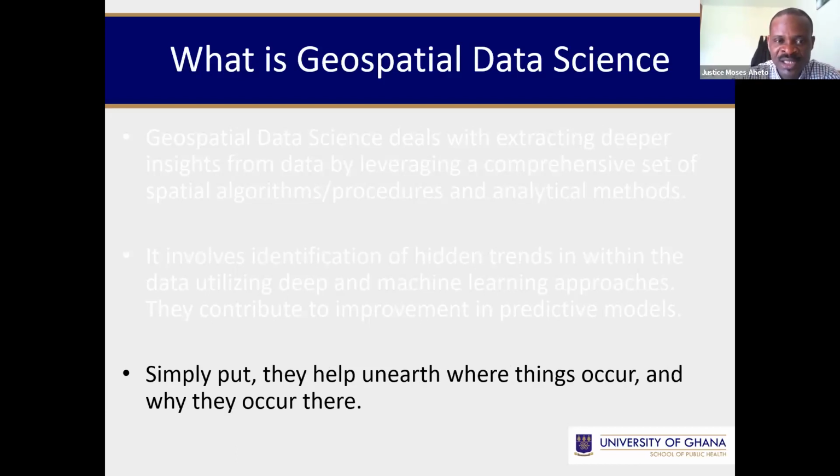That is basically what geospatial data science is all about. So this is what we'll be expecting you to do after this work. Once you are working around spatial data, you really want to identify spatially where things are occurring and the reason behind that occurrence at those geographical locations.